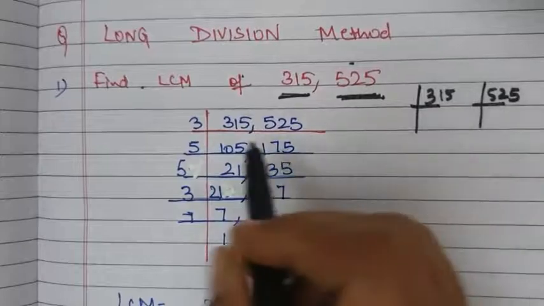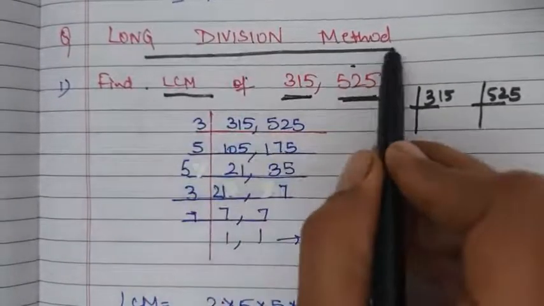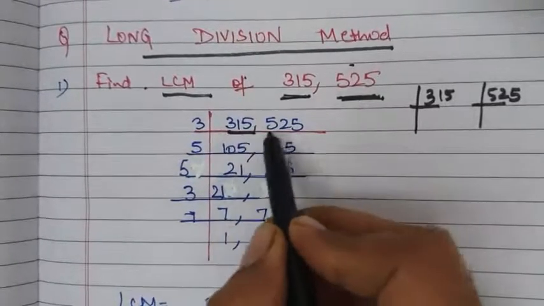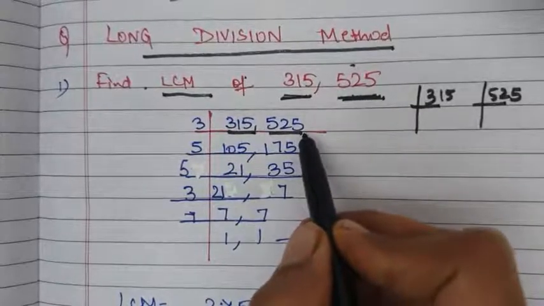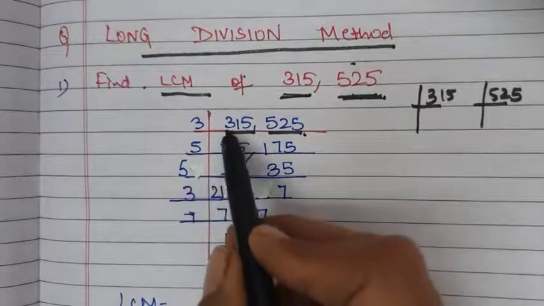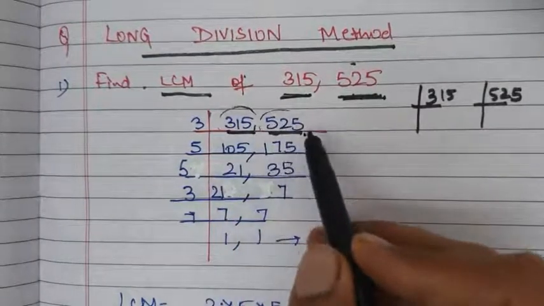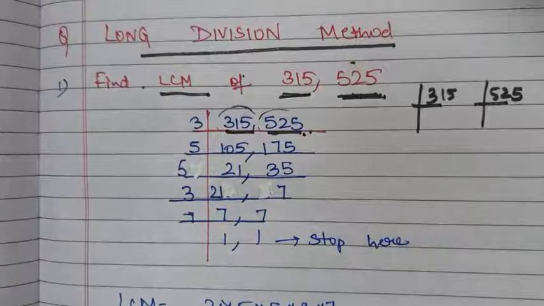But when we find the LCM by the long division method, we will write them together. If there are 3 numbers, we will write 3 numbers here. Clear? So I have written 315 and 525. Now listen to this method very carefully. Let us do it.